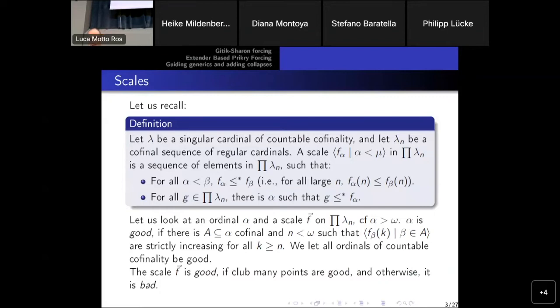And if it is of uncountable cofinality, it would be very nice for this point to be good, because then you can simply take the supremum of some cofinal subset of the betas so far in order to define our f alpha. So it's very nice to have a good scale in the sense that it's quite ordered. Otherwise, if the scale is not good, it's bad.